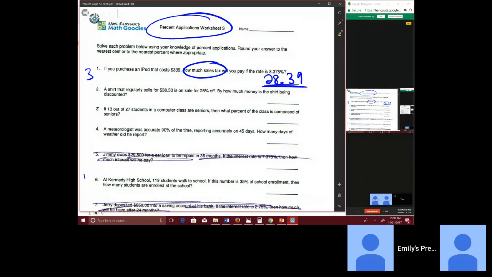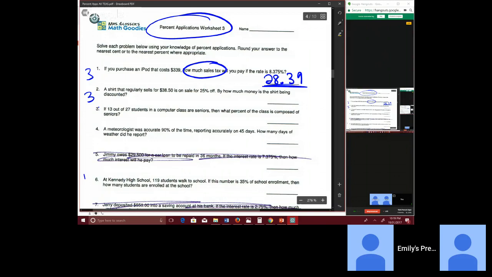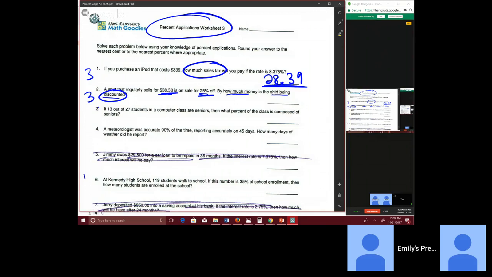The next question is also a 3, and it's a 2-step because it says a shirt that regularly sells for $38.50 is on sale 25% off. By how much is the shirt being discounted? Never mind, it is 1 step because it wants to know the discount. So in other words, what is 25% of $38.50?